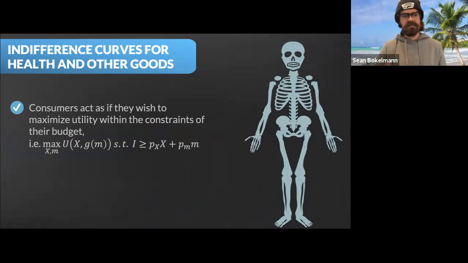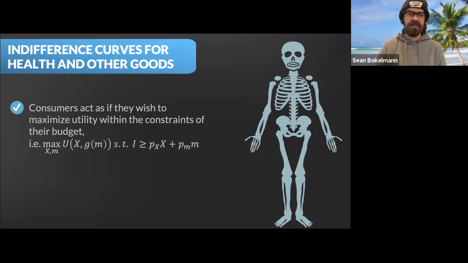All right. So again, to reiterate, we're assuming that consumers want to maximize their utility within the constraints of their budget. And I've given the mathematical formulation of this problem, right? The problem is to maximize utility by choosing a combination of X and M such that the consumer is within their budget, right? The price of X times the amount of X plus the price of medical care times the amount of medical care is less than or equal to the total income the consumer has, right?